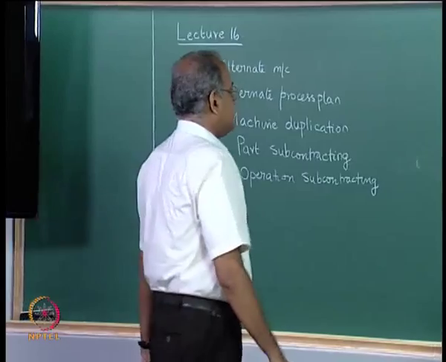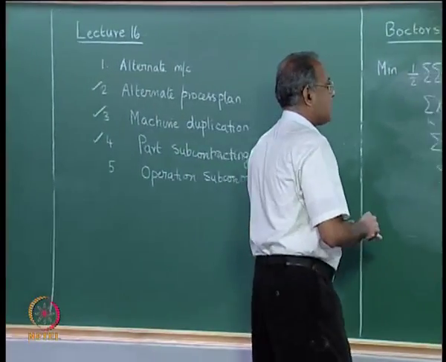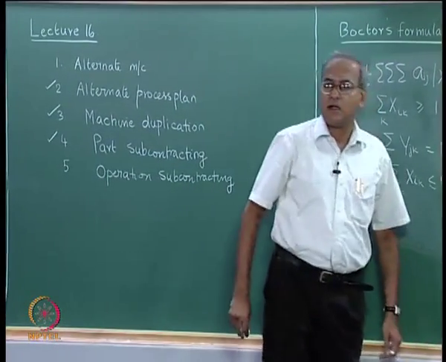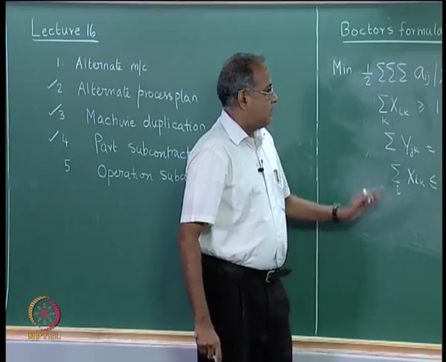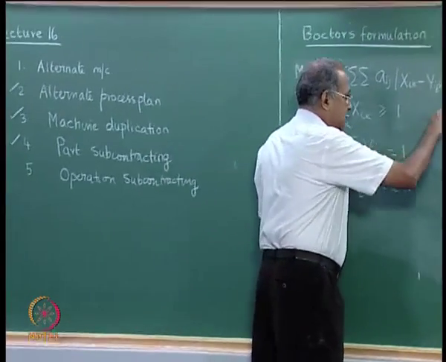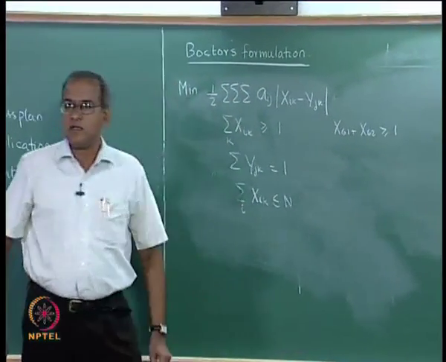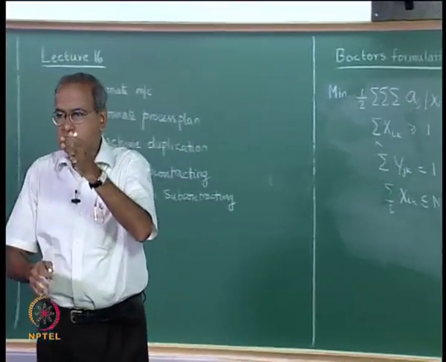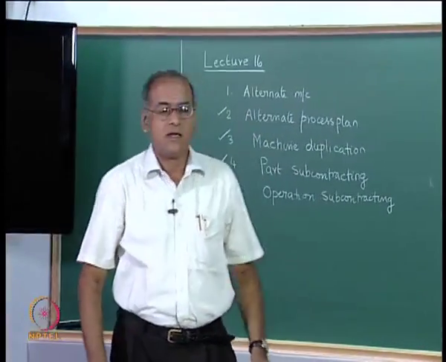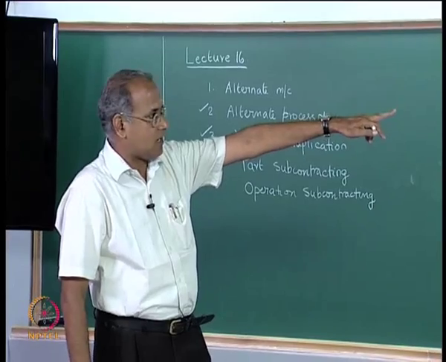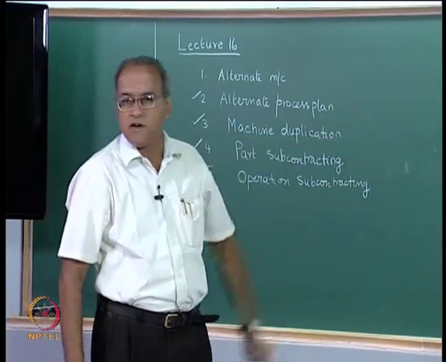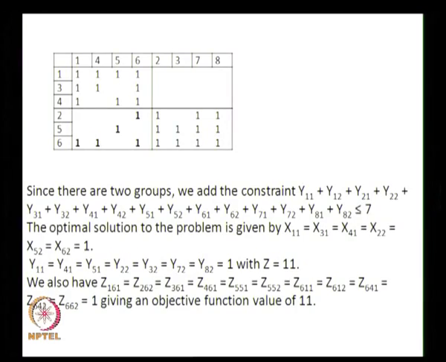At the same time, for each of these machines we write this. So, when we write this for each of these machines and solve, if we look at this particular solution, which is the final block diagonal form, if we duplicate machine 6 alone, there would still be 2 intercell moves.